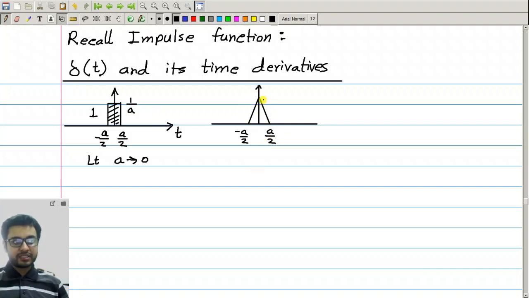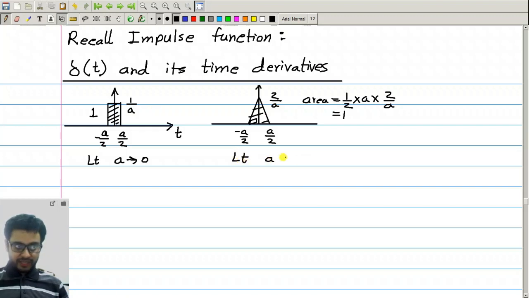The height is 2 by a. Therefore, the area will be half into base into height, which is equal to 1. And once again, if you take the limit a tending to 0, this will also give us an impulse function or delta function.